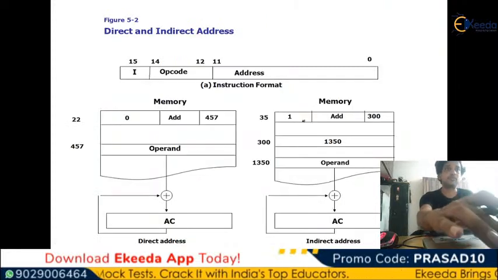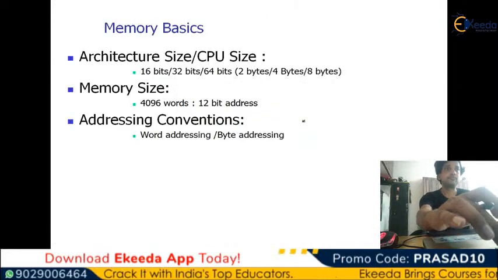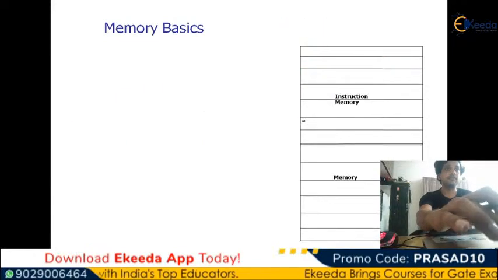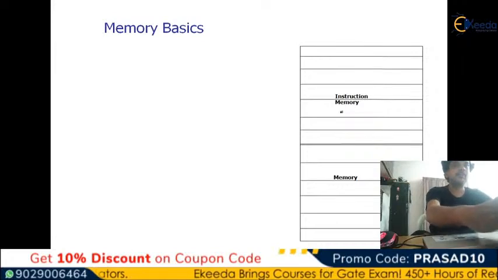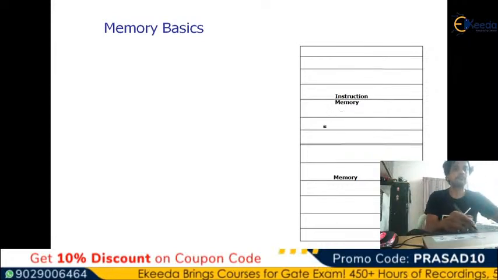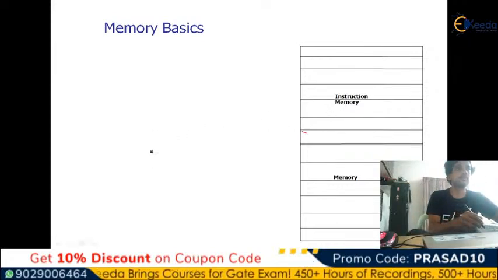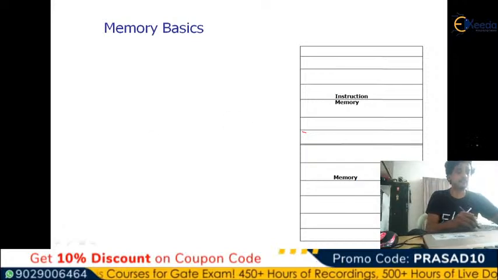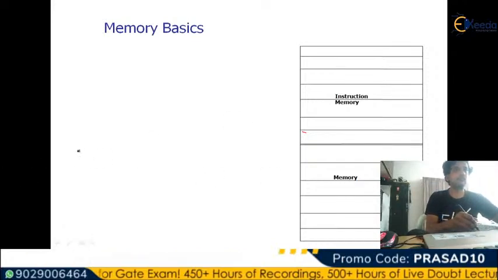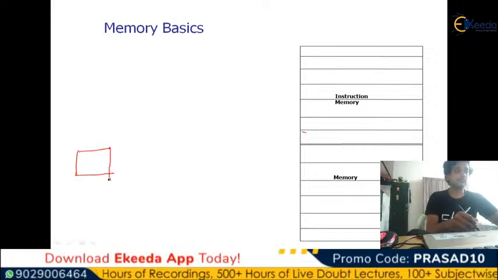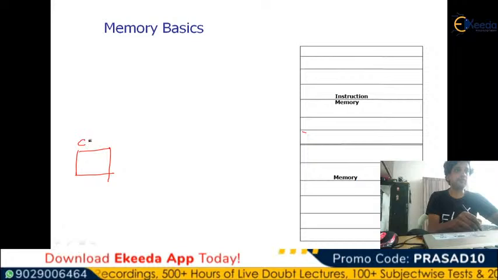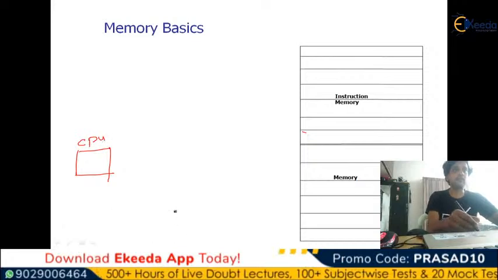Fine. If that is the case, let me go and talk about the address register. Let me give you some fundamental idea about an address register. There is a CPU, and there is main memory.